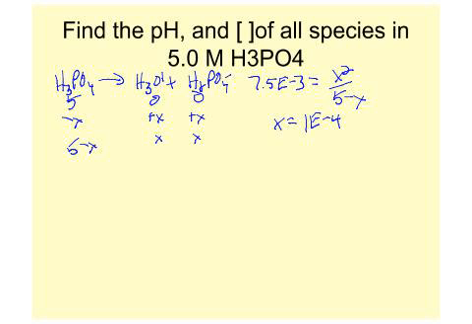So that means that that equals H3O positive. It equals H2PO4 negative right now. And H3PO4 would be 5 minus 1 E negative 4, so that's still 5 molar H3PO4, because 5 minus 0.0001 is still 5.